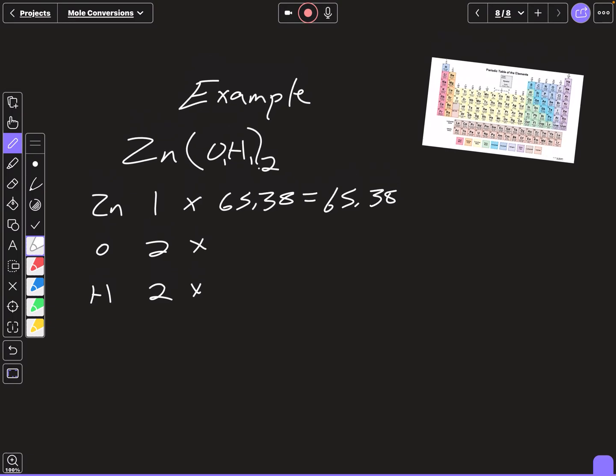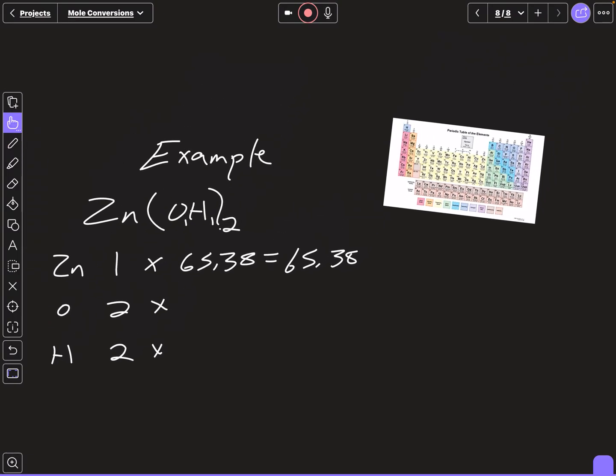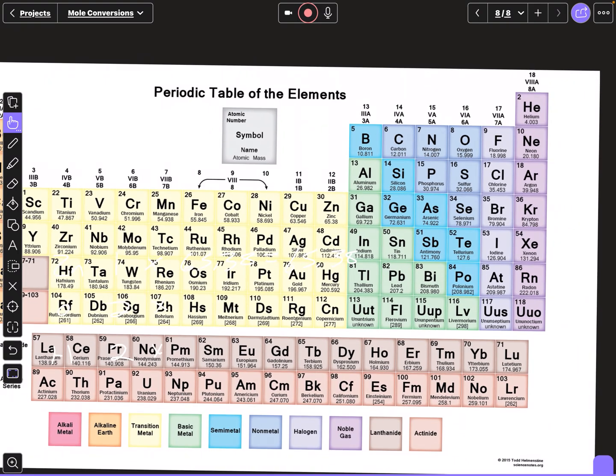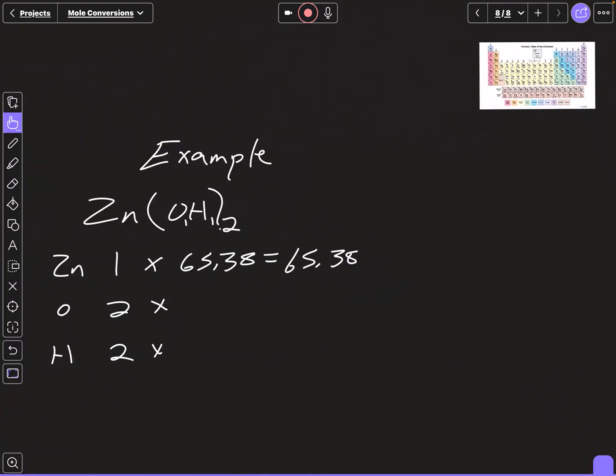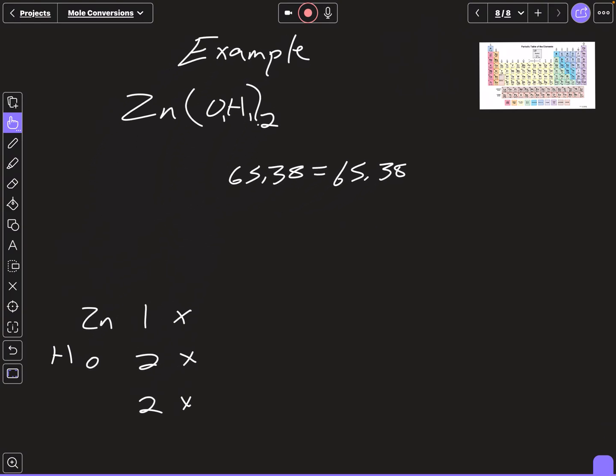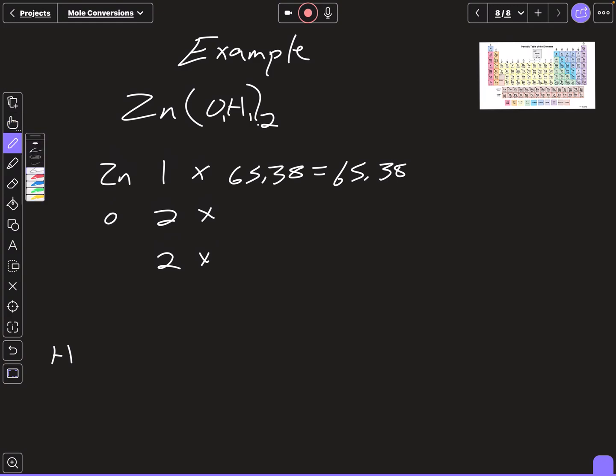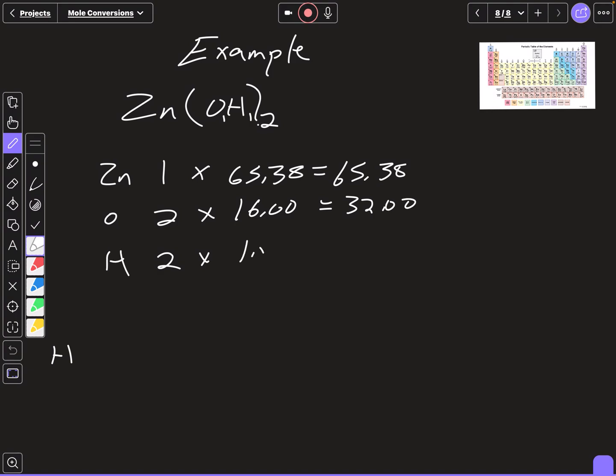If I look up the atomic mass for oxygen, it is 15.999, which would round to 16.00. Like I said, we're always going to go to 2 decimal places. That would equal 32.00. And then hydrogen is 2 times, and it's 1.01. That would give me 2.02.